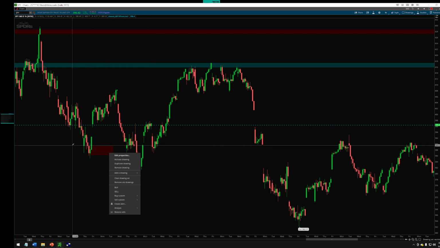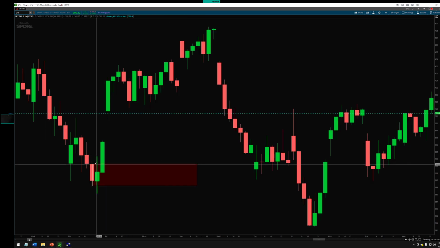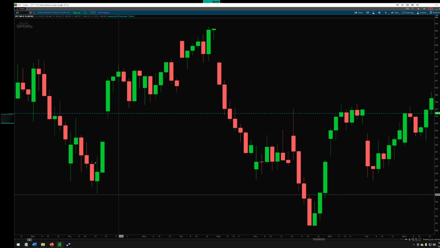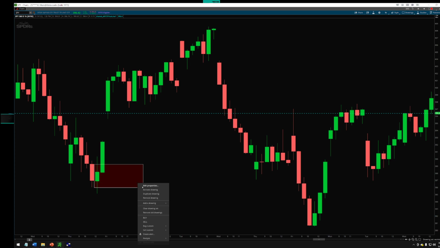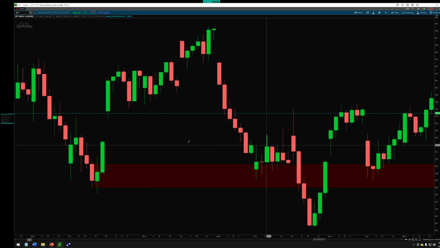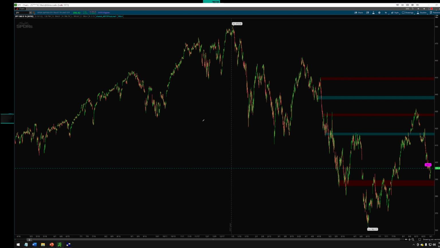In this case, the open is this one, let me do it more exactly. Remove, so open here. Why? Because we had a big move to the upside, and the last red candle is this one. So this is the open, this is the close including the wick, and we're gonna extend it to the right. Okay, so we have that one, and let's see what else we can have here that can help us out.